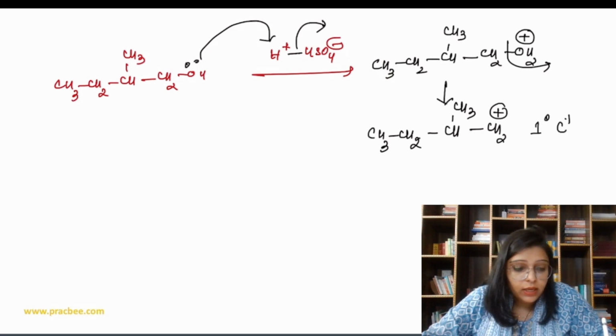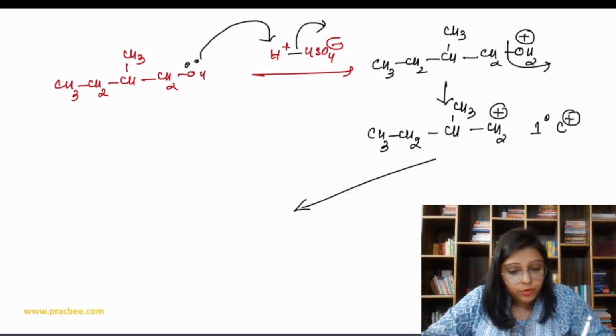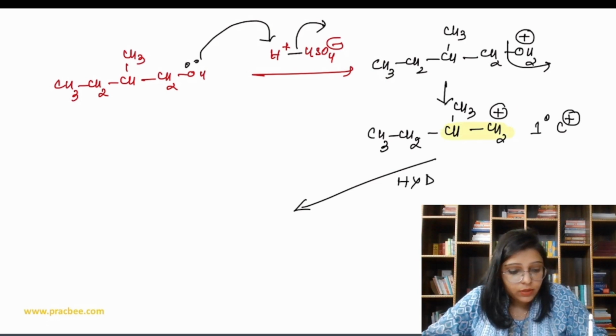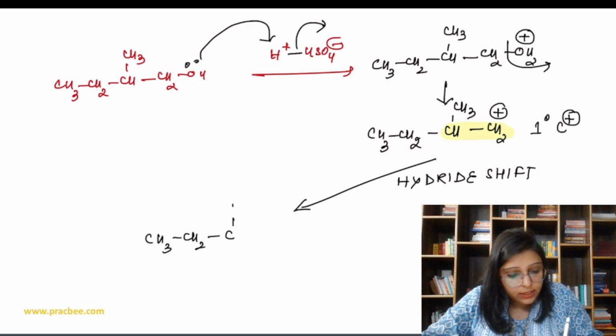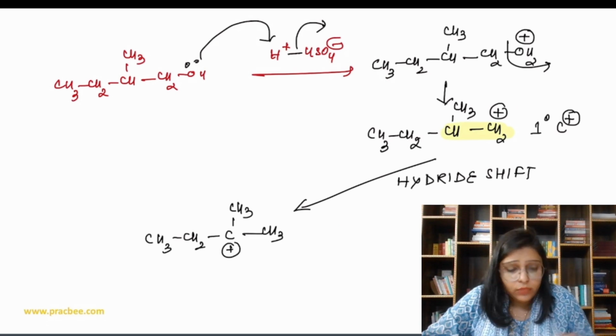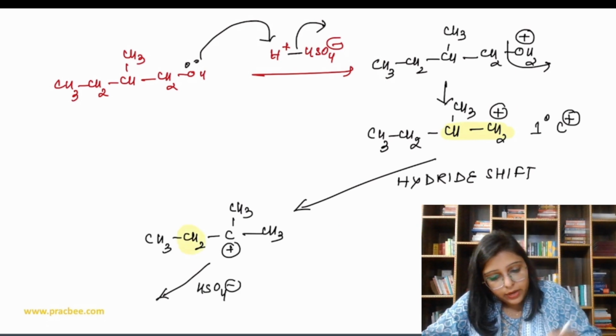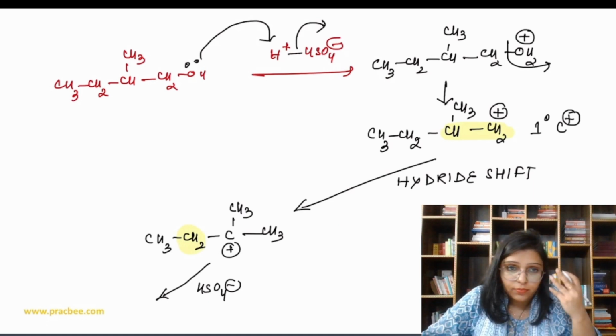So this is 1 degree carbocation. So we have to do hydride shift. So let's do hydride shift. If we do hydride shift, we get CH3, CH2, C, CH3, and this CH3 positive. Now we have to form elimination reaction, HSO4 minus abstracts this yellow hydrogen to get the Saytzeff product.